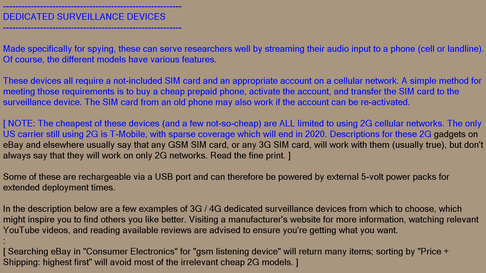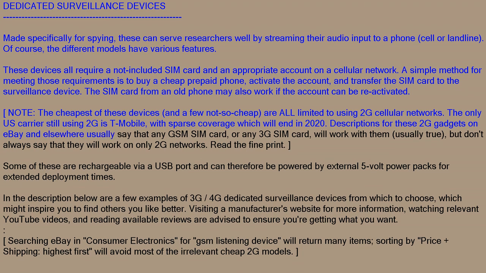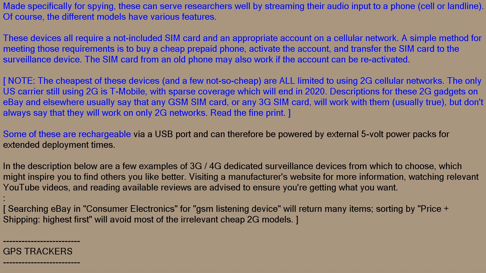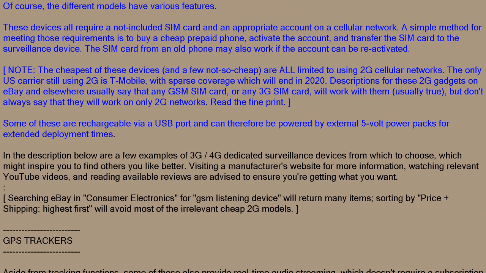Descriptions for these 2G gadgets on eBay and elsewhere usually say that any GSM SIM card, or any 3G SIM card, will work with them, usually true, but don't always say that they will work on only 2G networks. Read the fine print. Some of these are rechargeable via a USB port and can therefore be powered by external 5-volt power packs for extended deployment times.